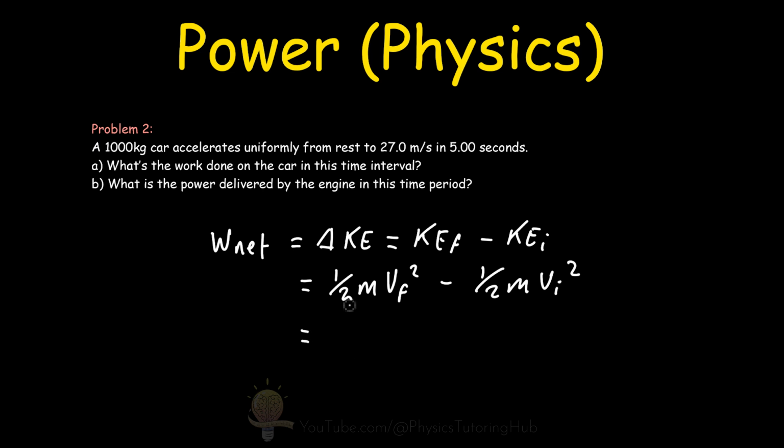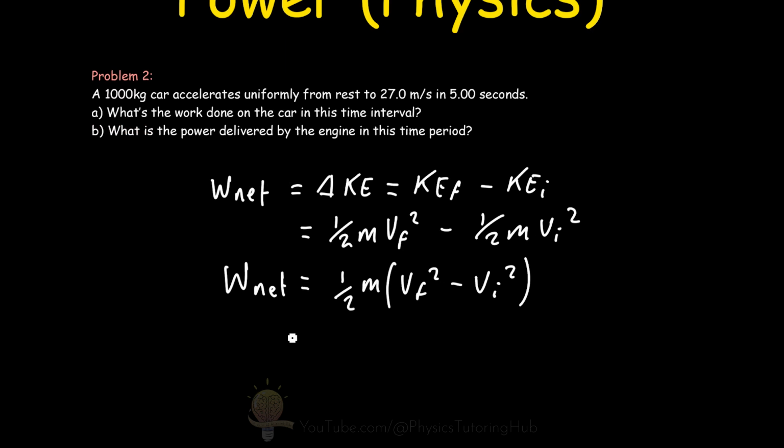We can factor out the half term here and the mass to give us this equation here. So from this, we can work out the net work done on this car as it goes from rest, 0 meters per second, up to 27 meters per second.